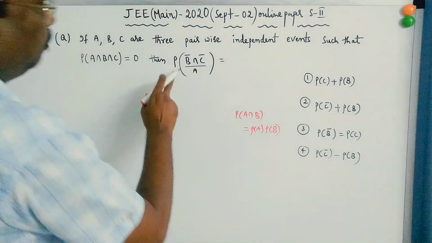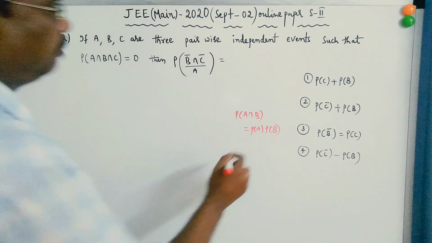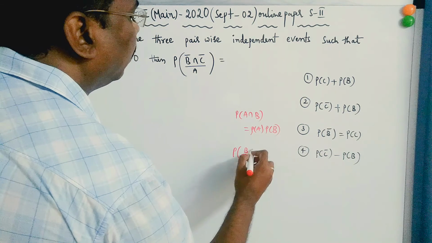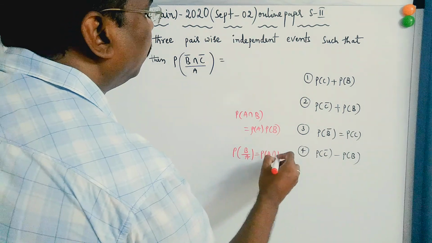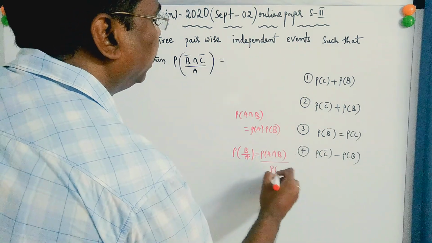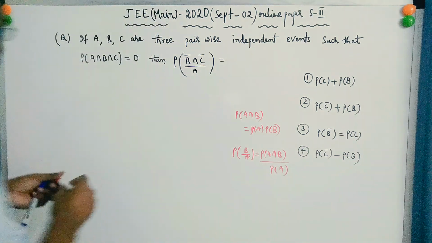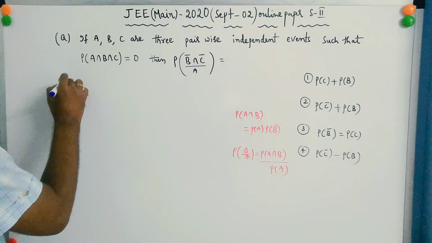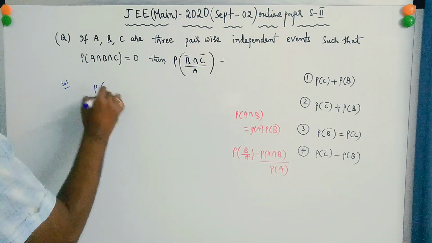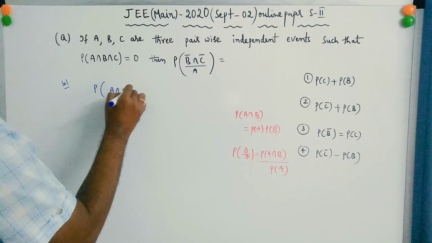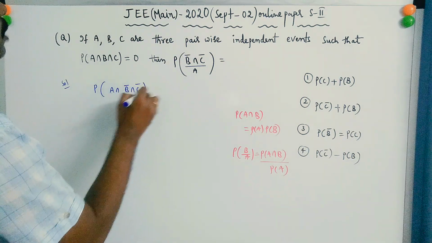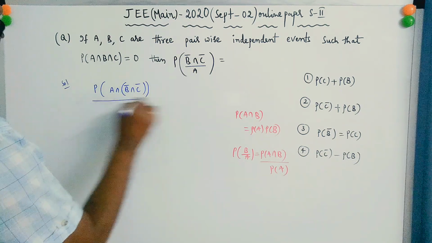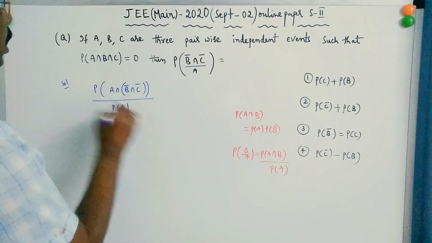Okay, now P(B̄ ∩ C̄ | A), according to conditional probability, P(B|A) = P(A ∩ B)/P(A). So it is P(A ∩ B̄ ∩ C̄)/P(A).